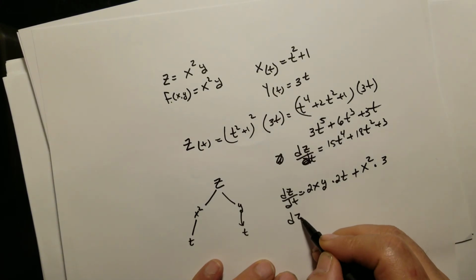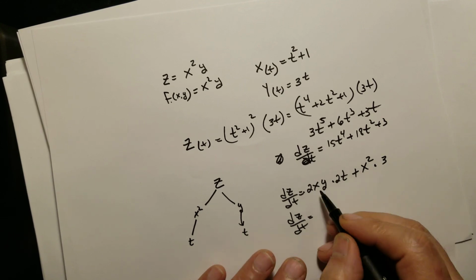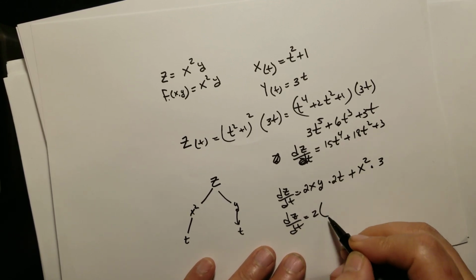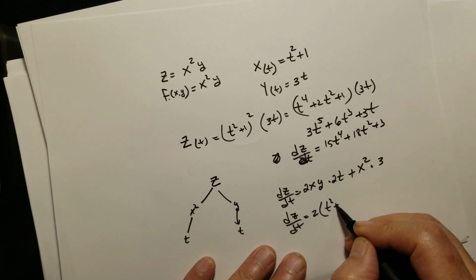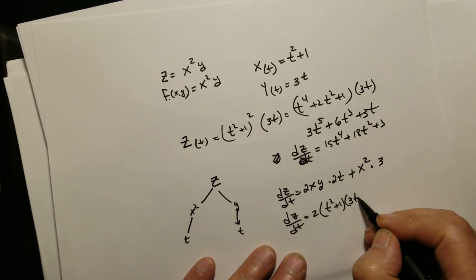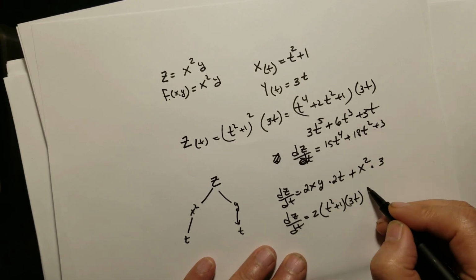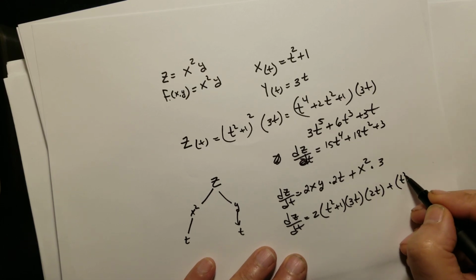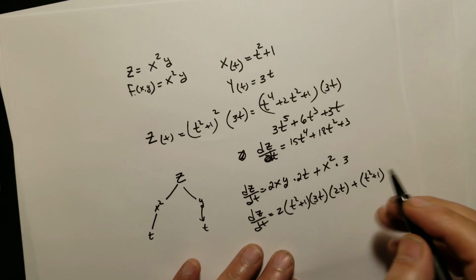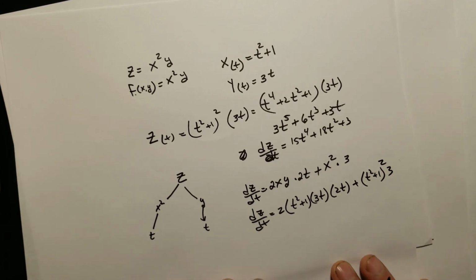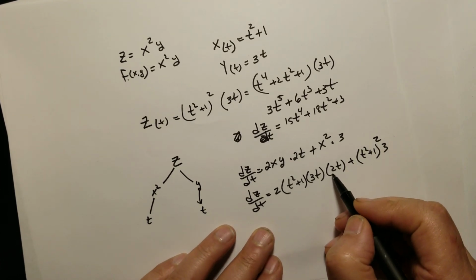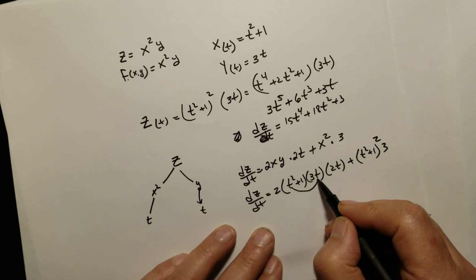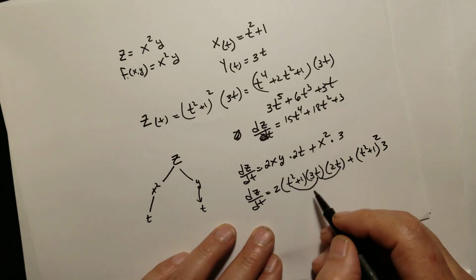And come back right here and replace x and y: 2 times (t squared plus 1) times 3t times 2t plus (t squared plus 1) squared times 3. If I simplify that one, that becomes t cubed, t to the power of 4.